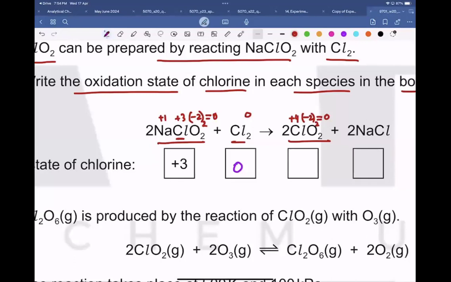That's why we get 0. So you will write over here +4. Yes, very good, Amna. Now in this one, sodium belongs to group 1, so it has a +1 oxidation number, and chlorine belongs to group 7. Obviously, if we are getting 0, so yes, Hassan and Banin, good. It is going to be -1. So this one would have -1 oxidation number. Is this clear to all of you?